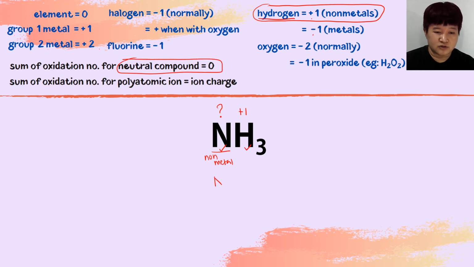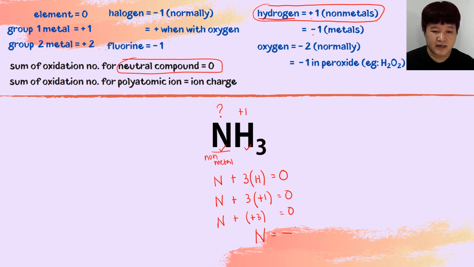So I have nitrogen, the one I'm looking for, plus 3 hydrogen. It is a neutral compound, therefore it must equal 0. We know that in this case, hydrogen is positive 1. Then we work out the mathematics. So you have positive 3 equal to 0, and therefore nitrogen will be negative 3.